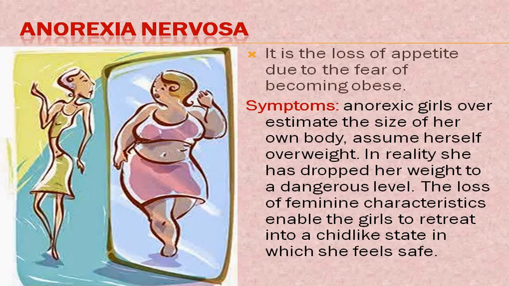In reality, she has dropped her weight to a dangerous level, and the loss of feminine characteristics produced at puberty enables her to retreat into a childlike state in which she feels safe.